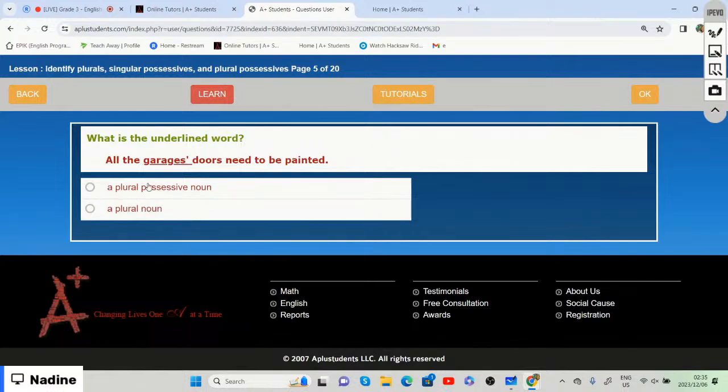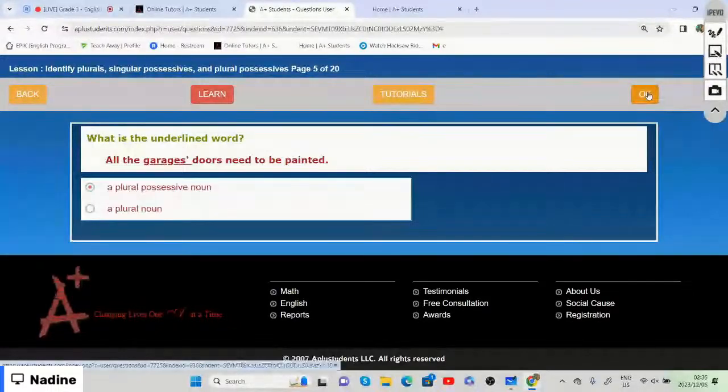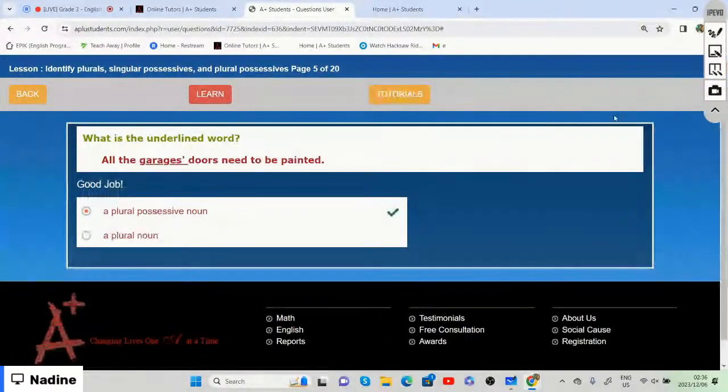So look at the word garages, and there's even an apostrophe and an S. Is this a plural possessive noun or is this a plural noun? All right, so we can say this is a plural possessive noun. Remember, if there was no apostrophe, we would have said it is a plural. However, we do have an apostrophe. And a plural possessive noun is correct.